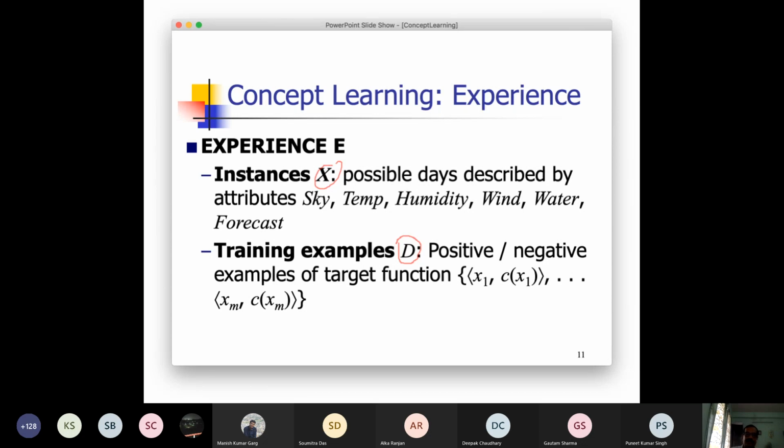And the training example set is represented in this way, and each training example looks like this. That means you have the corresponding input value, the corresponding point in the input space, and the corresponding functional value, which is given in the form of yes or no in the case of the table. I hope this mathematical representation is clear to you.